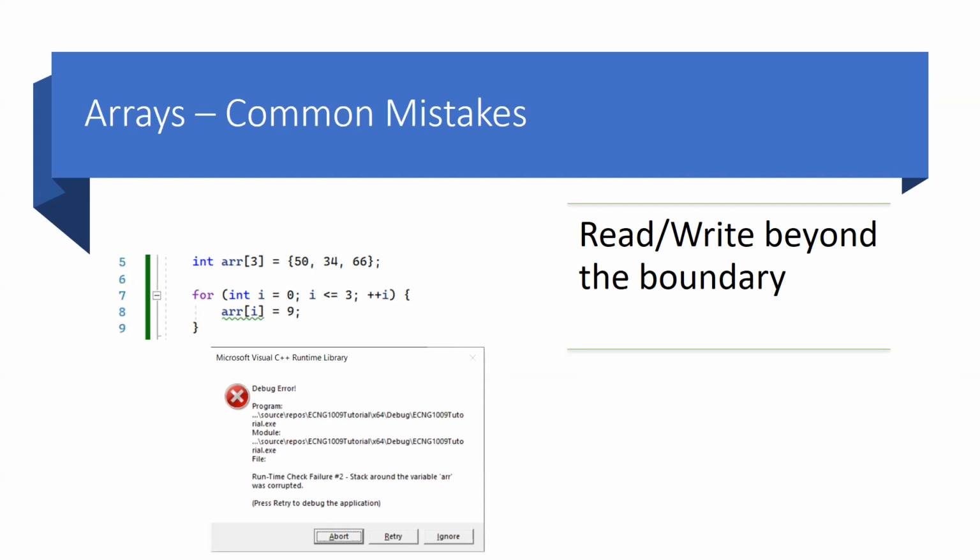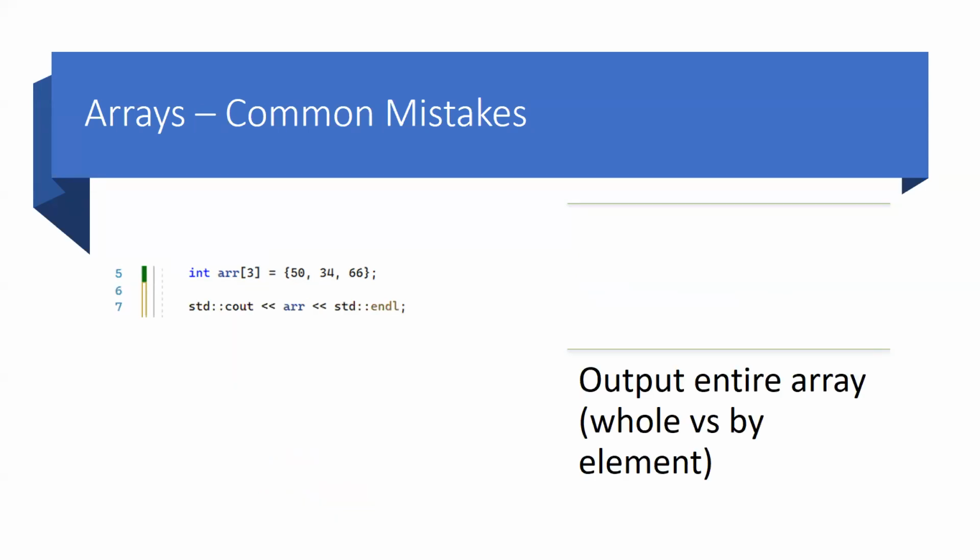This is an example of what you call a runtime error. Runtime errors means that while the code is running, something bad happens. And in this case, it's telling you, well, you tried to access a memory location that it never allocated. It's trying to stop you from doing that. That's a bad idea.